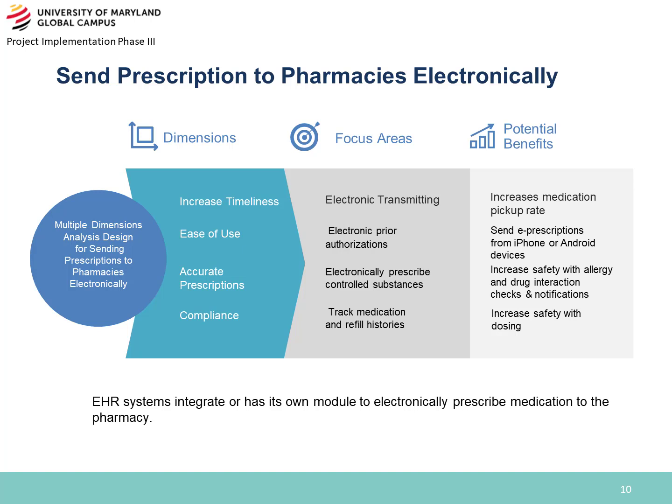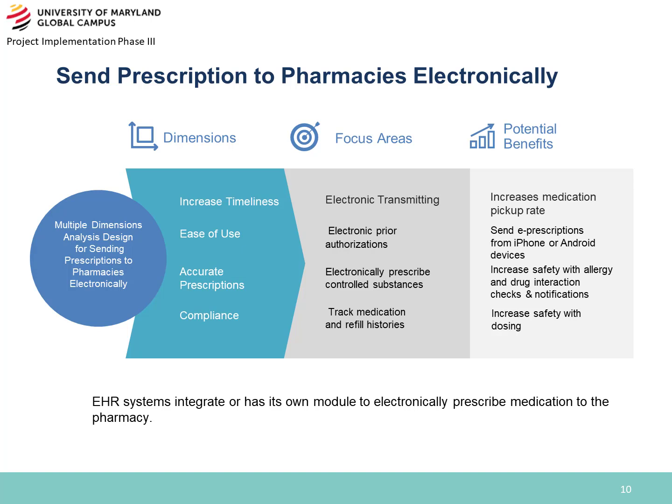The dimensions are increased timeliness, ease of use, accurate prescriptions, and compliance. For increased timeliness, there's electronic transmitting, which increases the medication pickup rate. For ease of use, electronic prior authorization is employed, and it sends e-prescriptions via iPhone and Android devices.